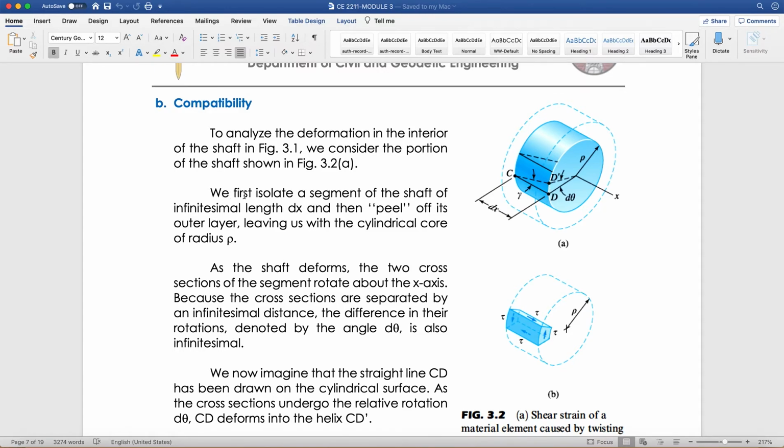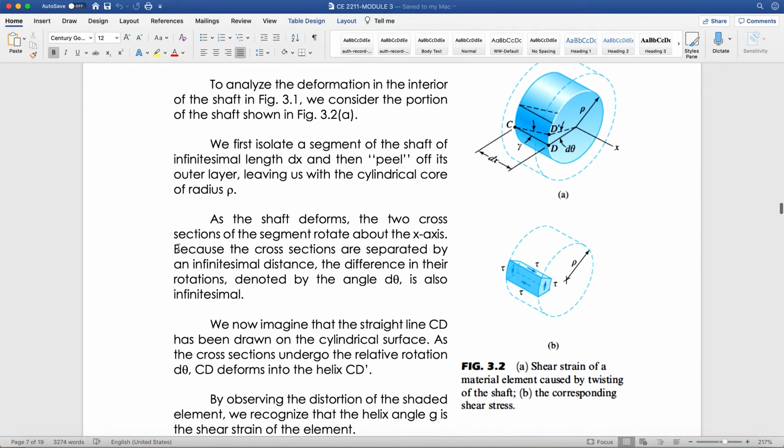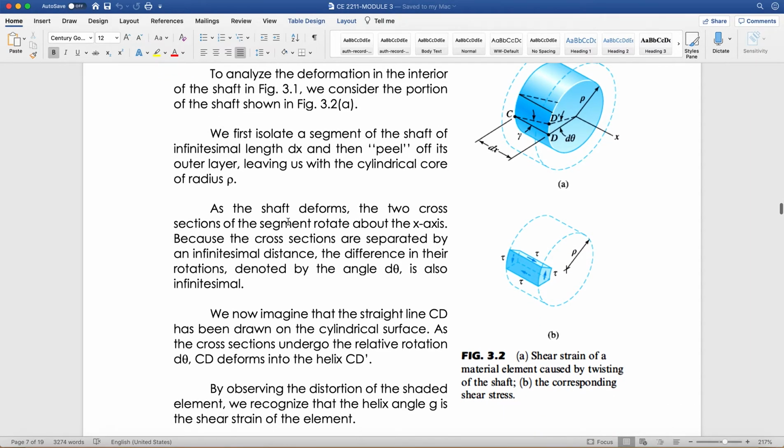First, we isolate the segment of the shaft of infinitesimal length dx, and then peel off its outer layer, leaving us the cylindrical core of radius rho, where rotation occurred. As the shaft deforms, two cross-sections of the segment rotate about the x-axis.